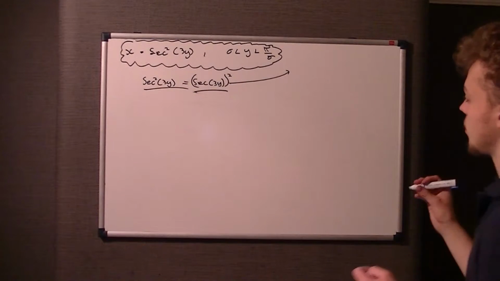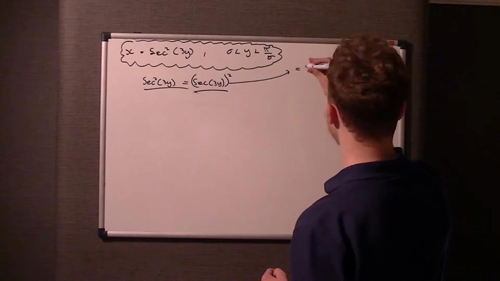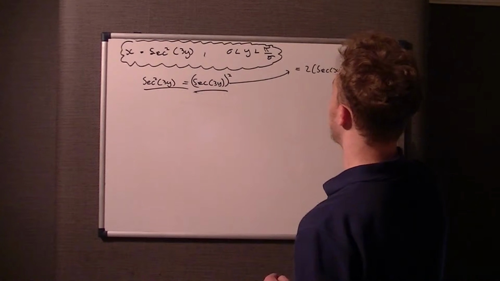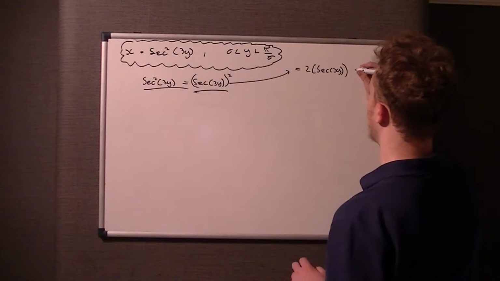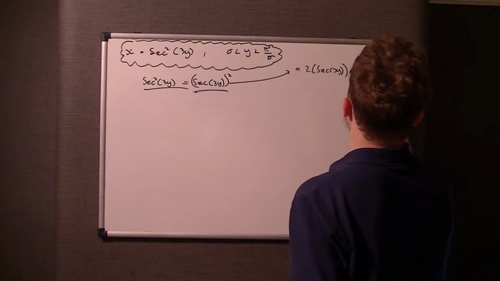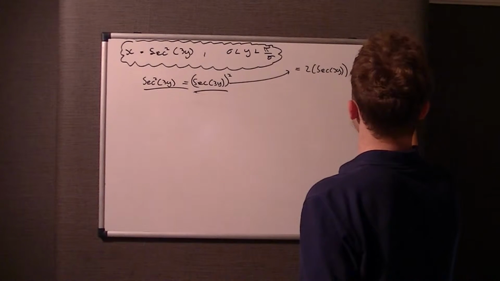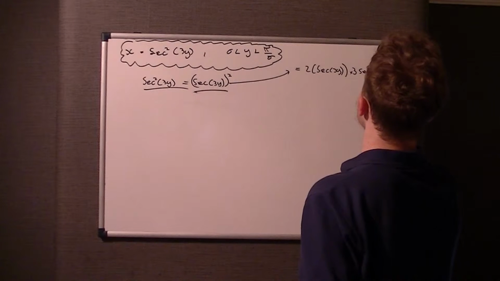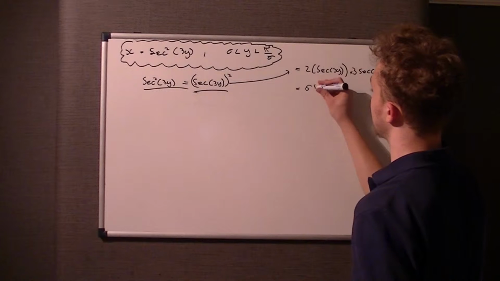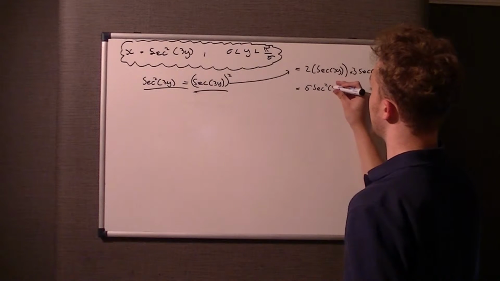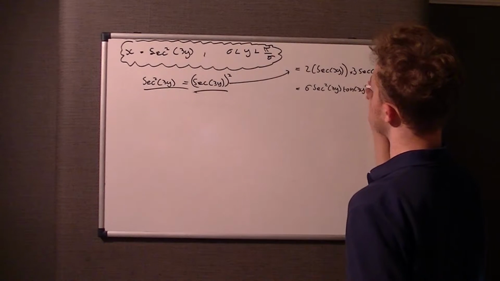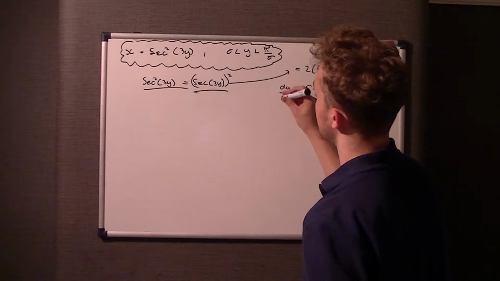You do dx/dy equals 2 times the bracket, you reduce the power, sec 3y, and then you do the differential of sec 3y, which is 3 sec 3y tan 3y. Because we've got a common number there, it's going to be 6 sec squared 3y tan 3y, and that is equal to dx/dy.